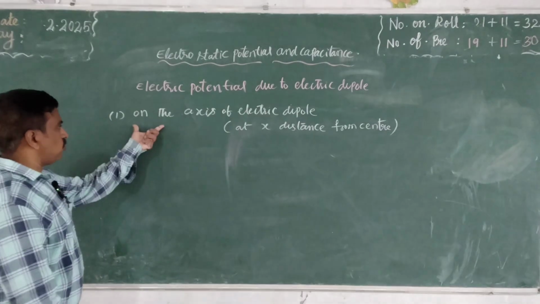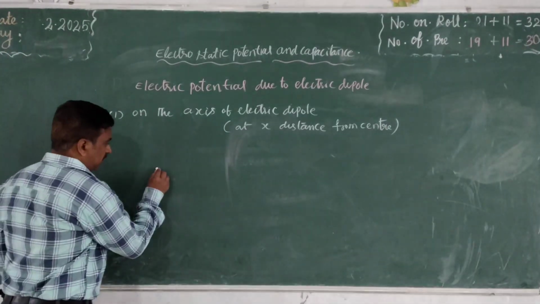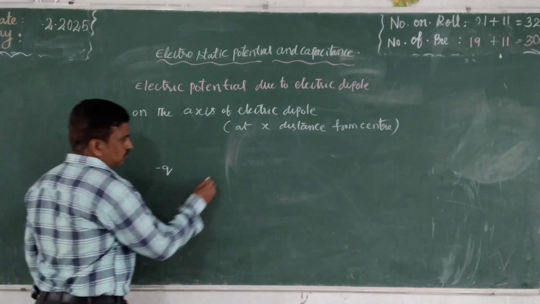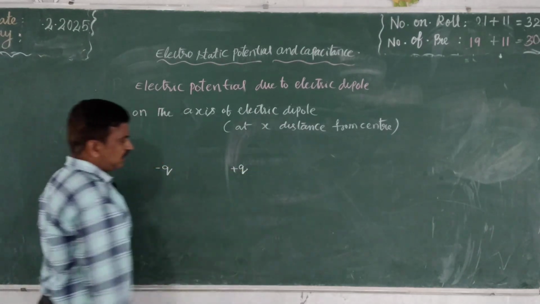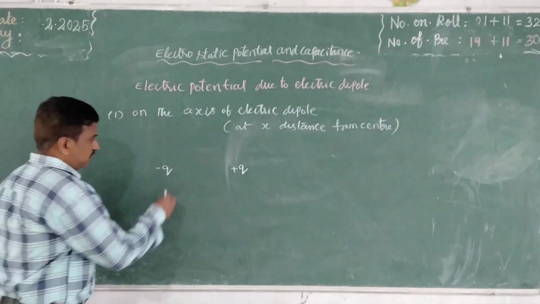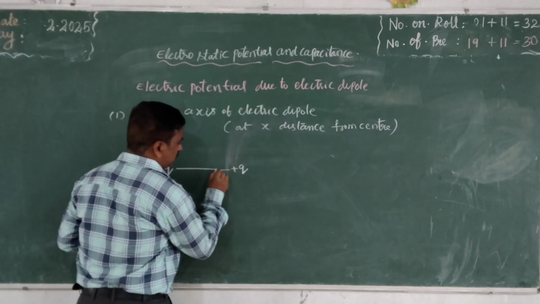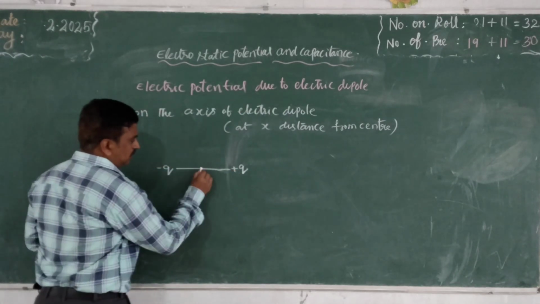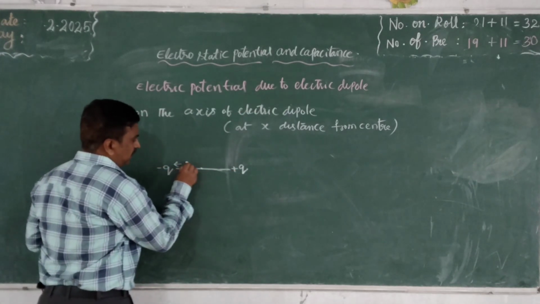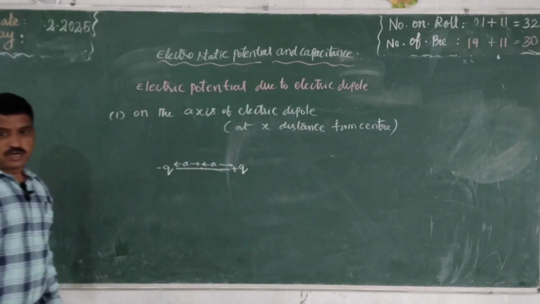On the axis of electric dipole means, see here, it is minus q and plus q. An electric dipole means two equal in magnitude, opposite charges separated by 2a distance, a very small distance. This is the center, it is a, and it is also a. So this is the electric dipole.